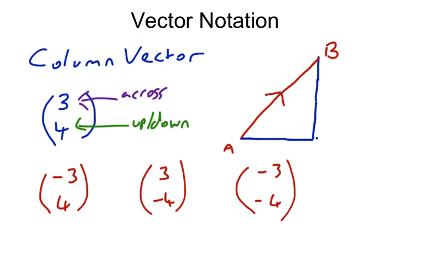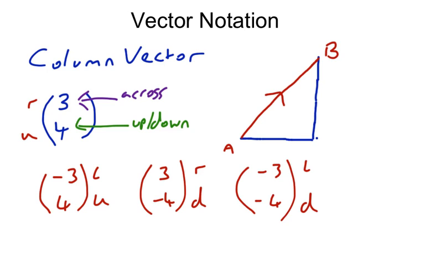All of those column vectors would have had the same magnitude, but they would have had different directions. So it's important that you go in the right directions. This would be left and up, this one would be right and down, this one would be left and down, and our original one is right and up.